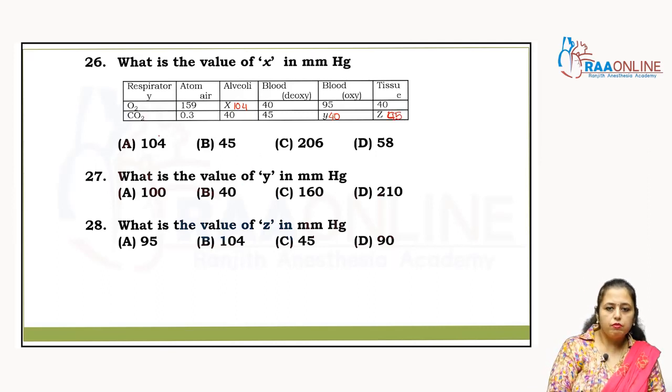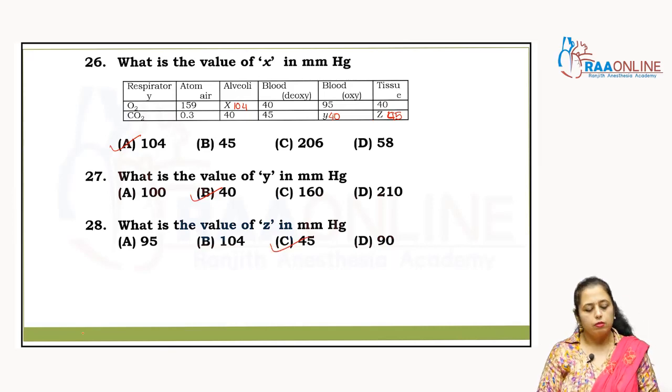So when we solve all these questions, X is 104, so the answer is A. Y, carbon dioxide, that is 40, so 27 is B. And Z, that is at the level of tissue carbon dioxide, so the 28th answer is C, right?